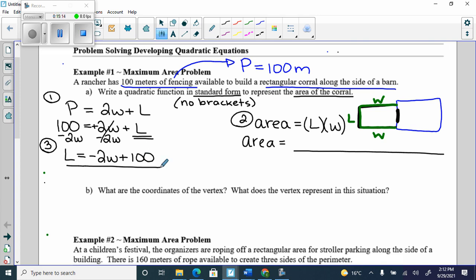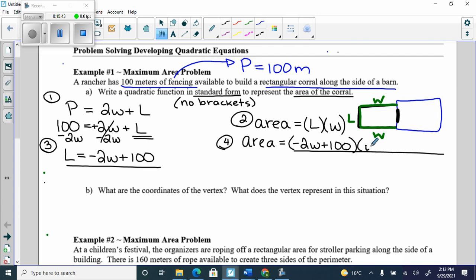So now I know for every L in any equation, I can now put in negative 2w plus 100. We agree? Because right now I said L equals negative 2w plus 100. Well, if you look in the other equation, is there an L? Yep, let's do it. So in for L, I'm going to put negative 2w plus 100. That's my step 4. That's going to go in for my L. And what's going to go in for W?